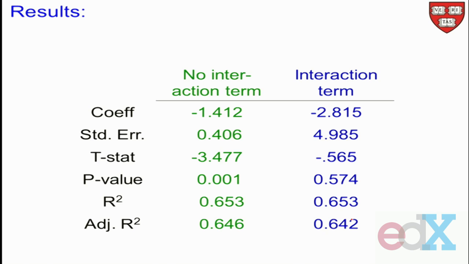If you looked at the model for toxemia, if you looked at the coefficient, when you have no interaction term in the model, the coefficient was minus 1.412. It doubled in the model when you brought in the interaction term. And you say to me, well, what's the tip-off?